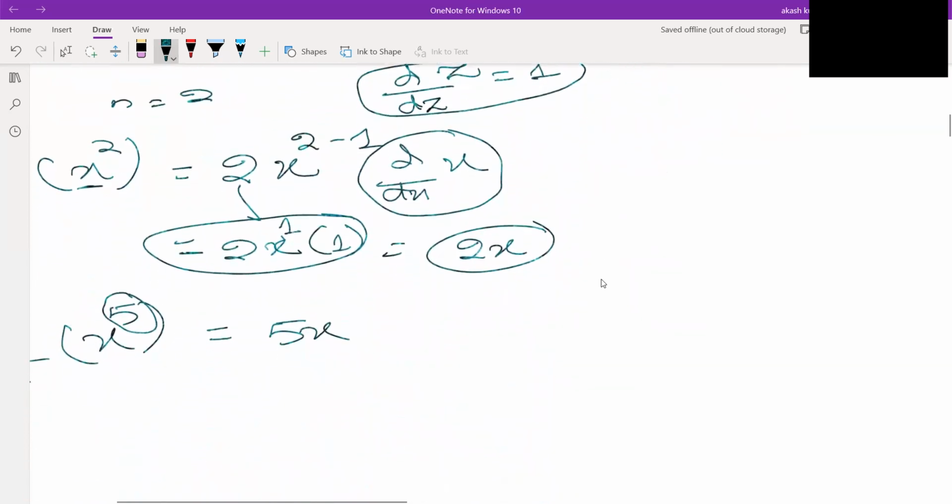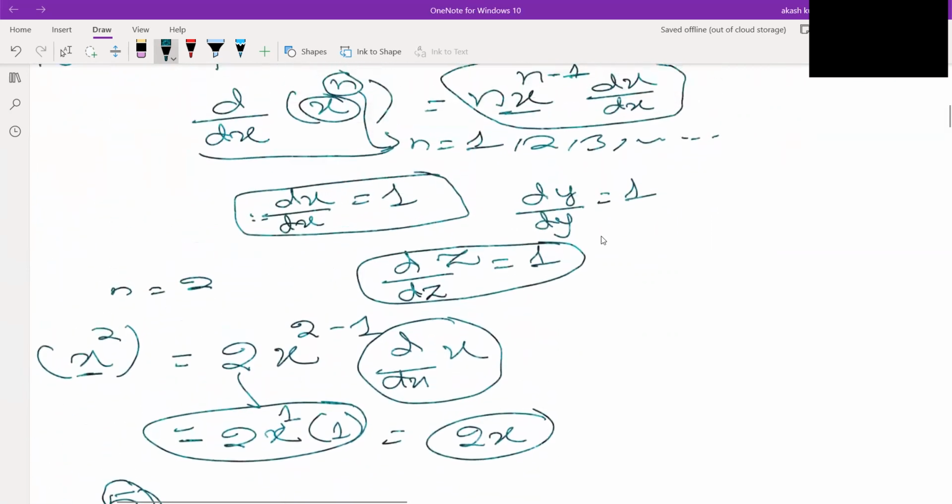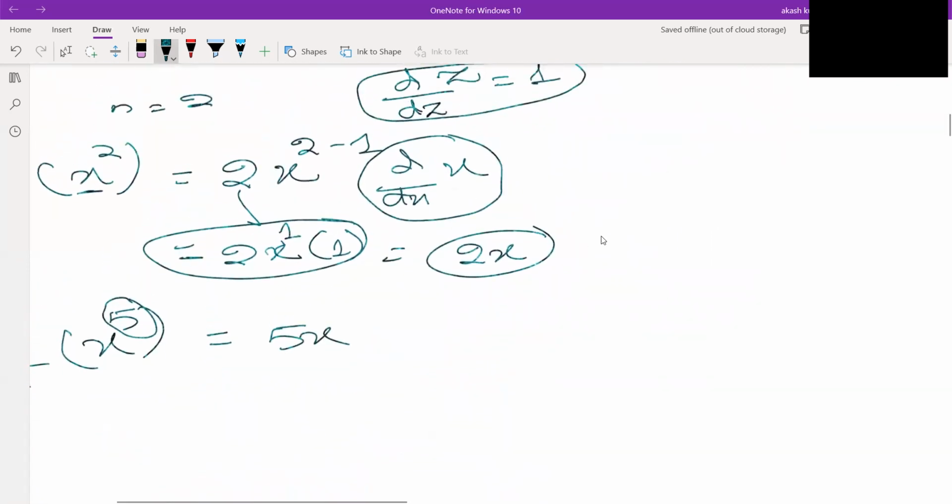Have you noted the formula? Yeah, I have it noted down. Okay, so it will be 5x and then 5 to the power of -1. And then we take the derivative of x itself, because it's x here.